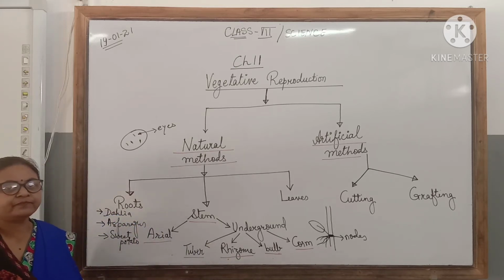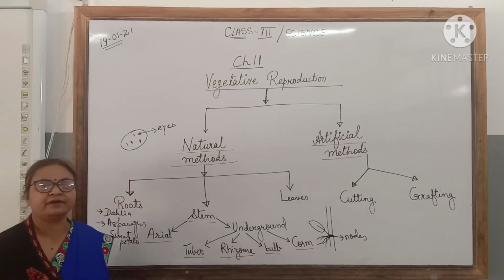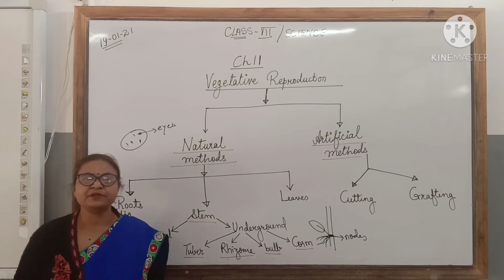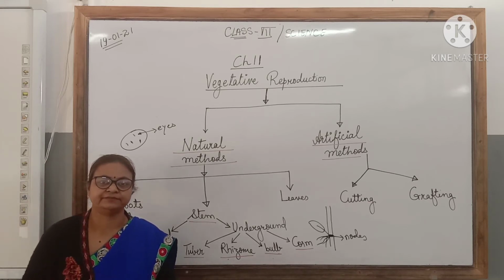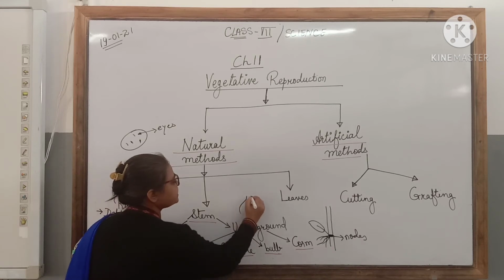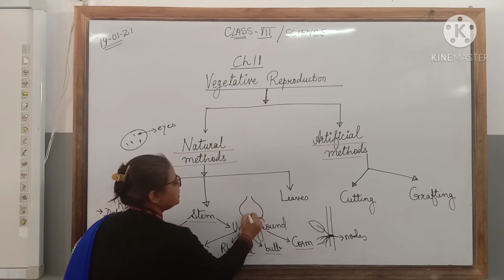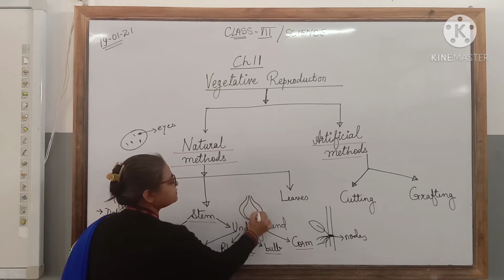Then the third type of underground stem is the bulb. Common example for bulb is onion. Onion is this kind of a structure. The stem is over here, flattened stem is there and the roots are growing from it. And these are fleshy leaves.